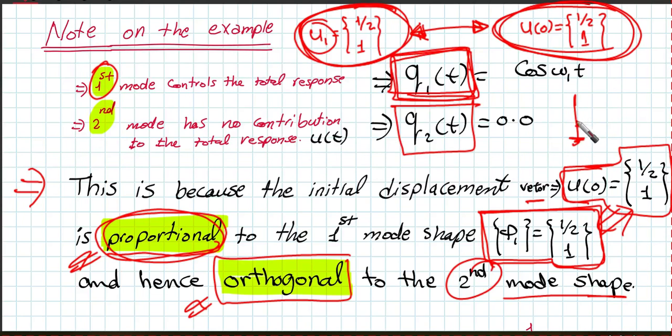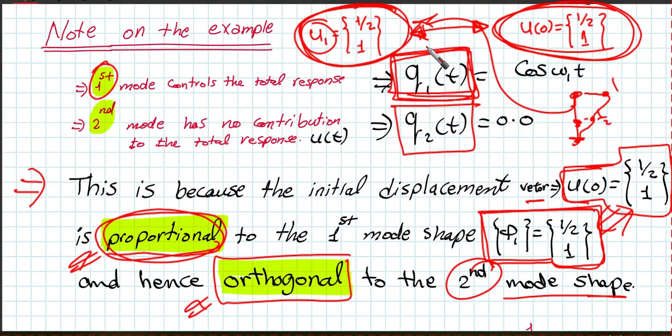It is not going to make anything, because I initiated the system with half and 1. So already the system is initiated with the same shape of the first mode, so the first mode is going to have the major contribution here.